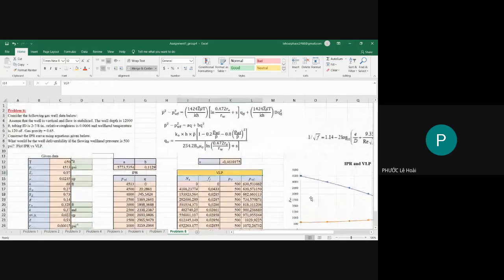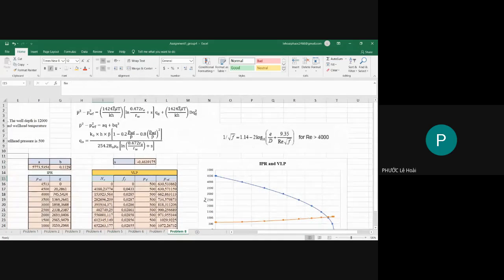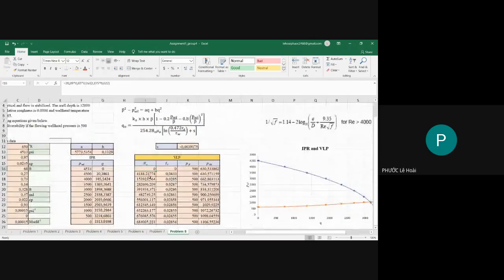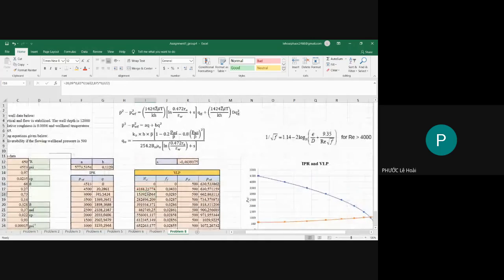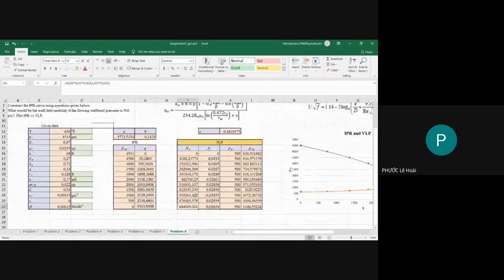For the VLP, we will calculate the Reynolds number from this equation, especially this one is taken from the fluid mechanics course. So let's have a look at it. We will calculate the Reynolds numbers for each parameter here, about the FF here.